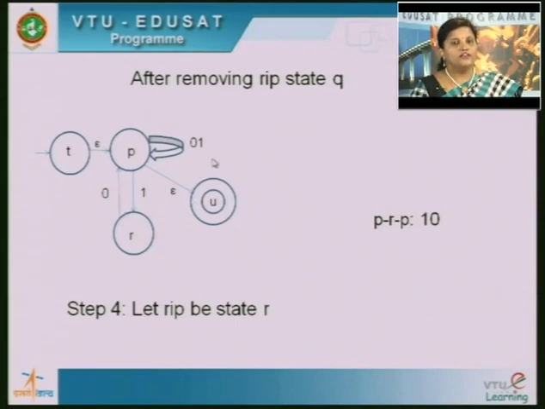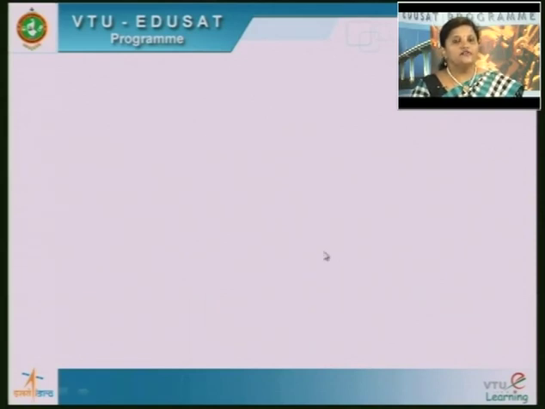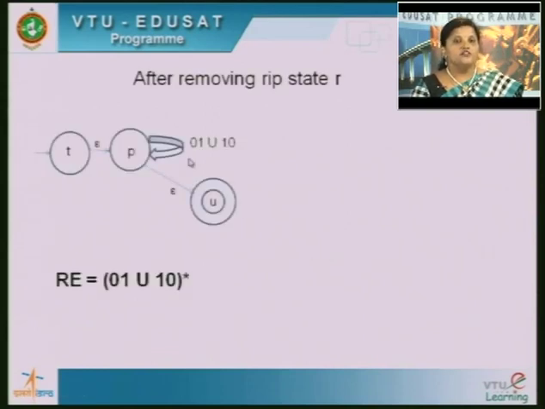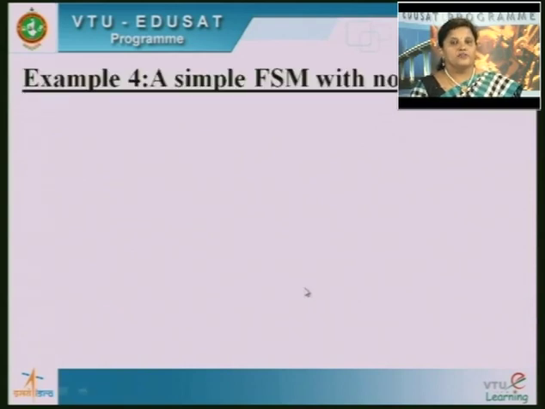Already 0, 1 is there, so we write it with union. After removing the RIP state R, it is 0, 1 union 1, 0. If you take out the state P also, the final regular expression will be 0, 1 union 1, 0 whole star. So this is the final regular expression.